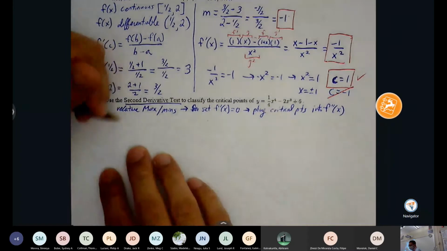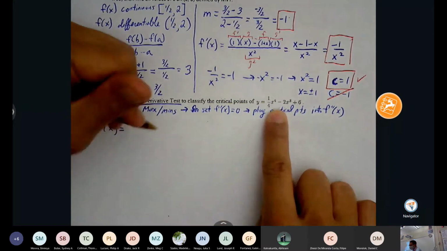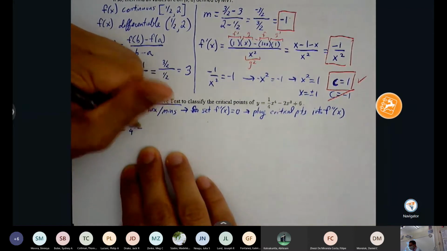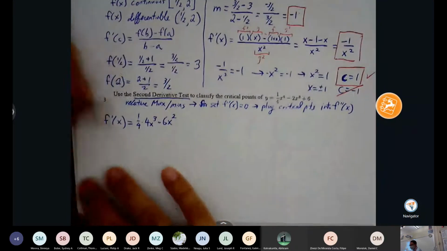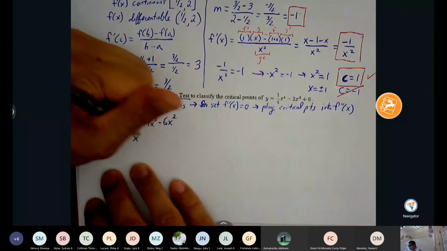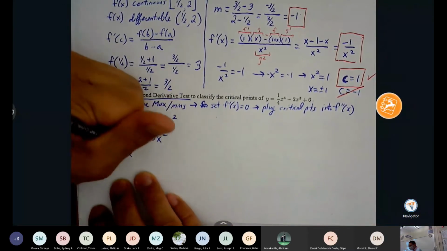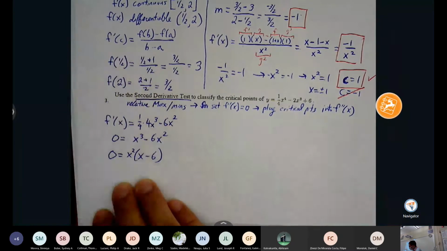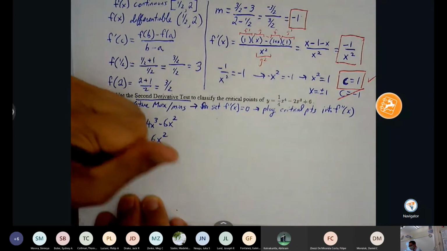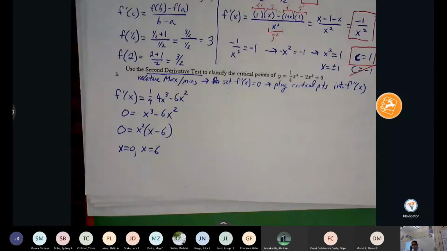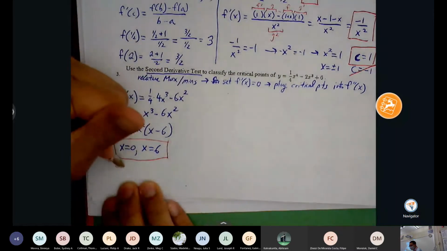So let's set y prime or f prime equal to 0. We'll find f prime first. Okay, so these are now the candidates for max and min.